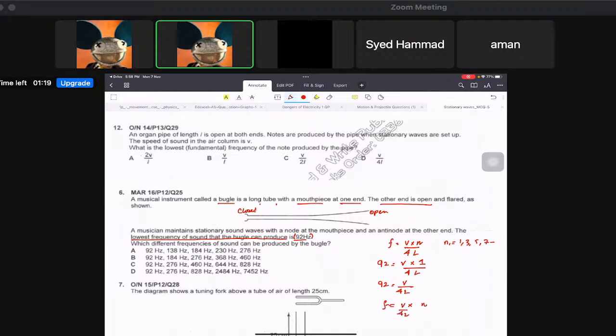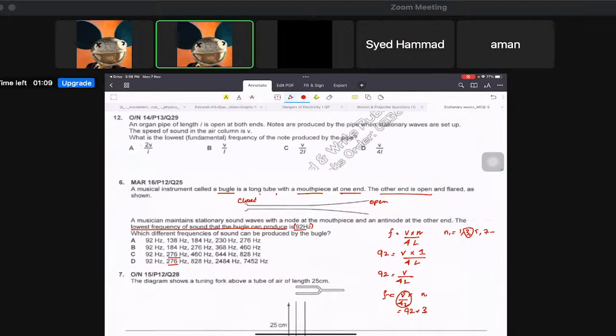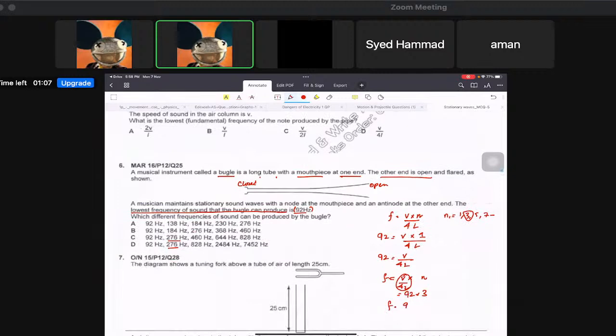So this is 92, right? So 92 times the next one, which is 3, is 276. Then the next one will be 92 times 5, which is 460. So this is the answer. If you don't remember the formula, you won't be able to solve these questions. Do you understand?